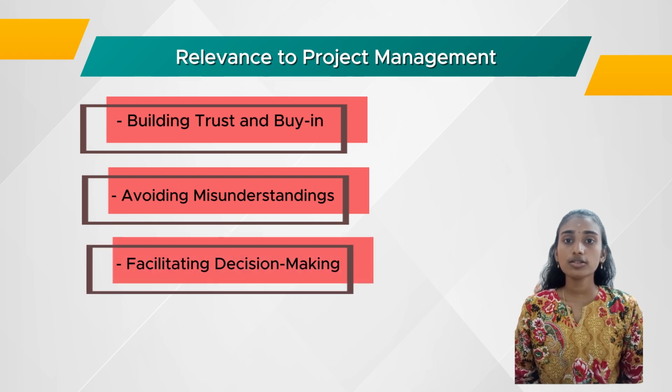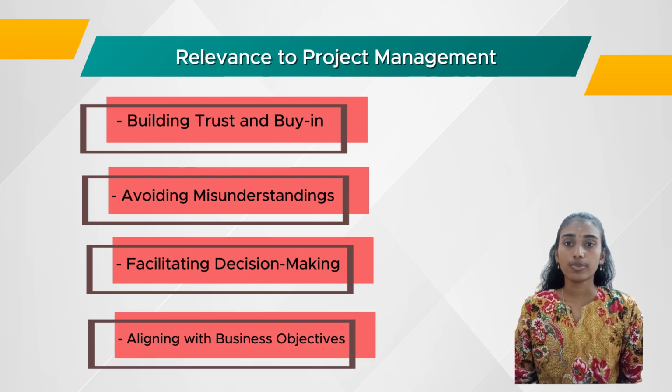Third, regular communication facilitates decision making by providing stakeholders with timely and accurate information, enabling them to make informed decisions quickly. Finally, it ensures that the project remains aligned with business objectives by continuously engaging with stakeholders to validate that the project is on track to deliver the expected outcomes.